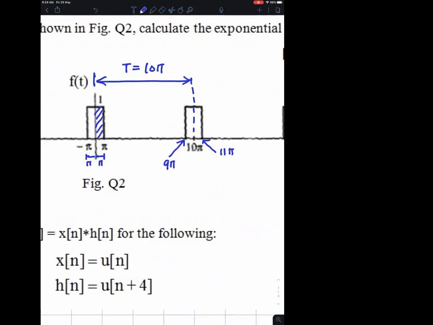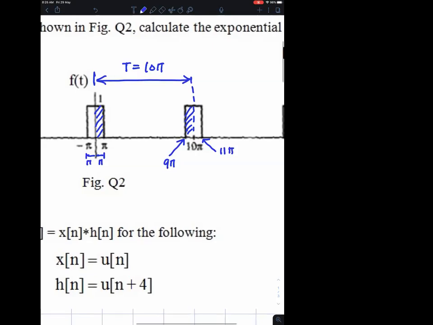And then we have another area from 9 pi to 10 pi. So we have two intervals to do the integrations. One interval is from 0 to pi, the other interval is 9 pi to 10 pi.